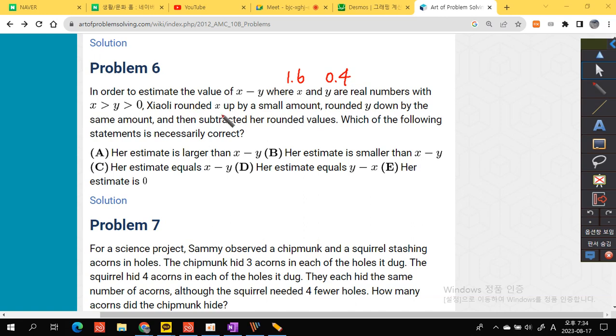So when rounded, x is 2 and y is 0. So compared to the original distance, which one is greater? Which one is the answer? A, overestimation.